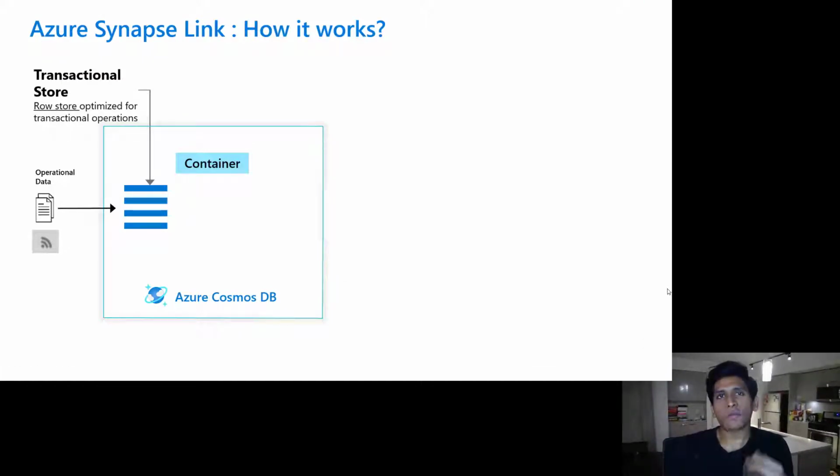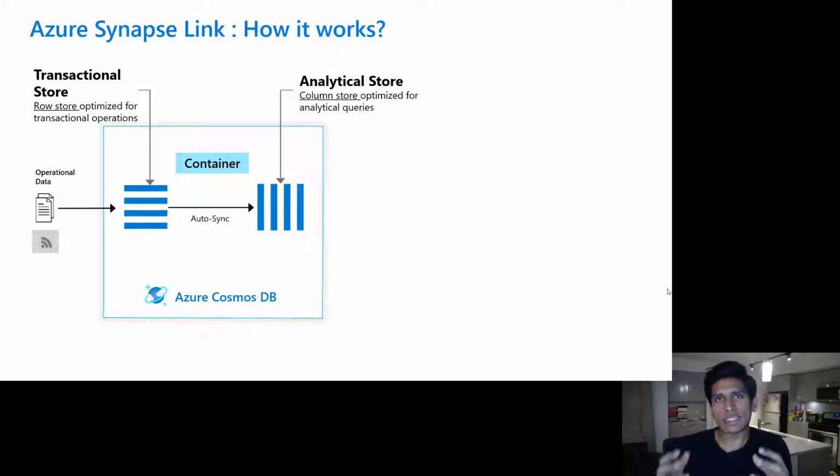So far, prior to Synapse Link, your operational data in Cosmos DB is internally stored in a row-oriented transactional store. This store is optimized for transactional reads, writes, and operational queries. Now with Synapse Link, we've added a fully managed native analytical store within the Cosmos DB container.